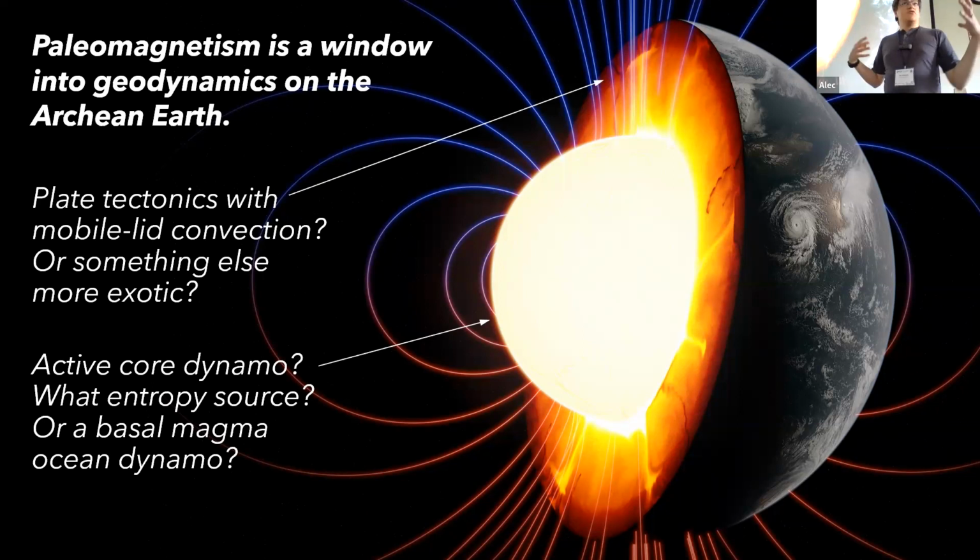Okay, with all these grand questions in mind, my goal here is to show you that something as small scale as magnetic microscopy can actually be really helpful in solving these large scale geophysical problems. And that starts with going into the field to sample some Archean rocks, right? And look for Archean remanences.